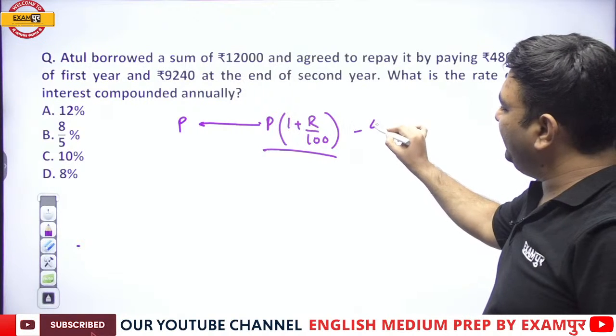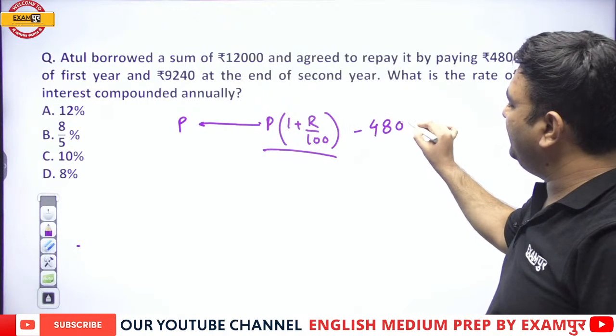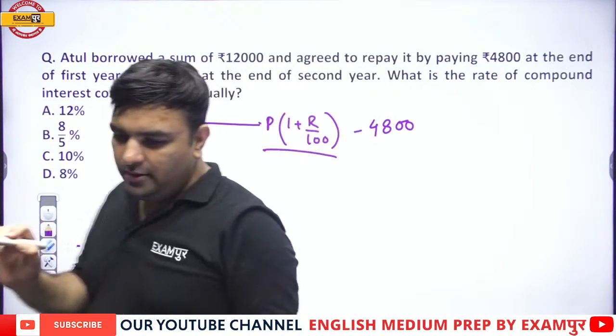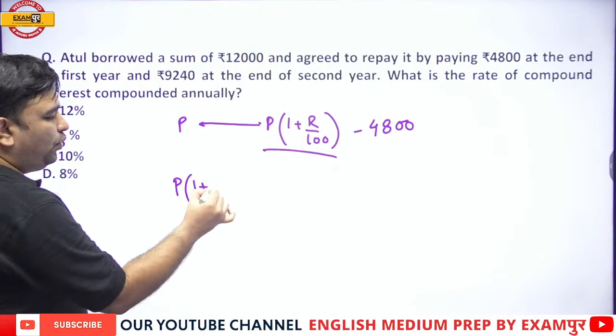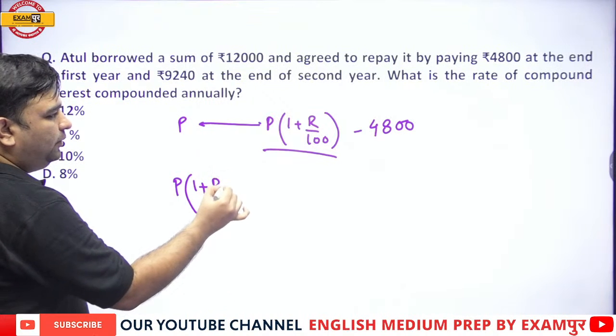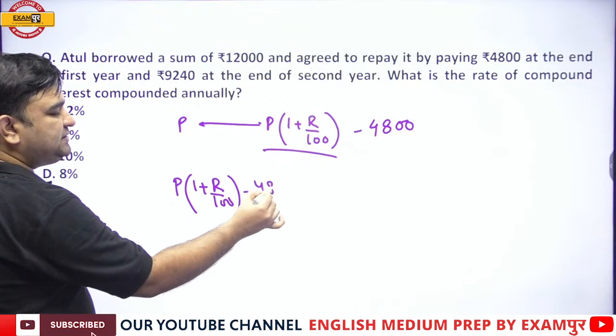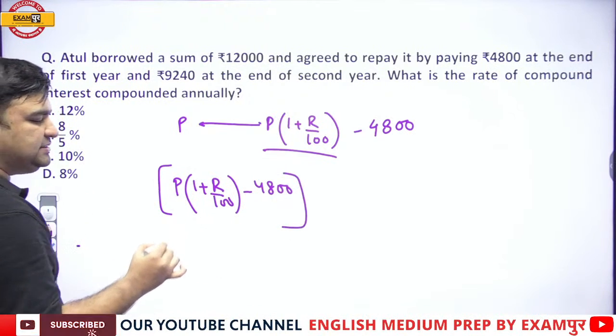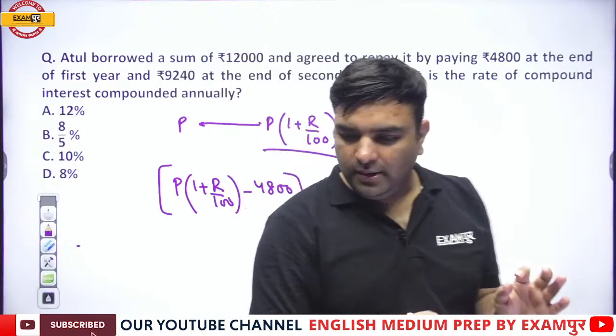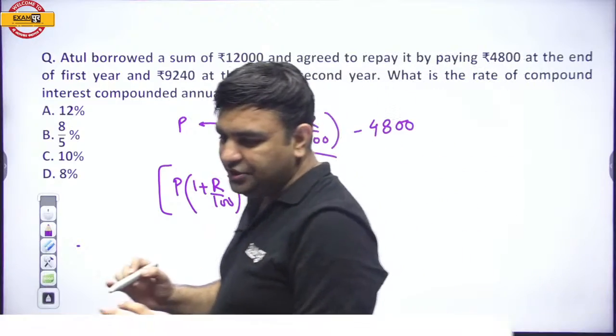Then you will repay 4800. So can I say P(1 + R/100) minus 4800 is the principal for the second year?